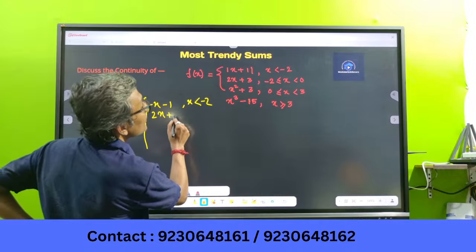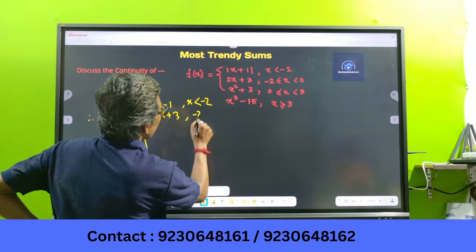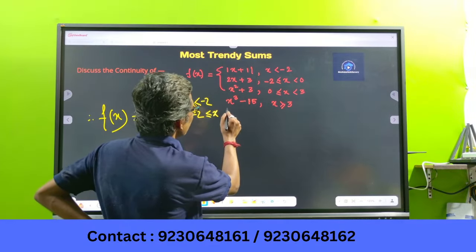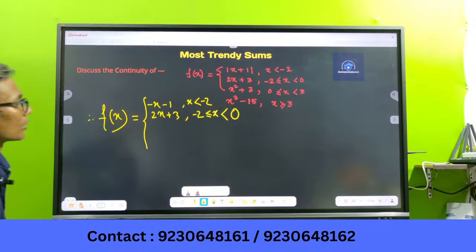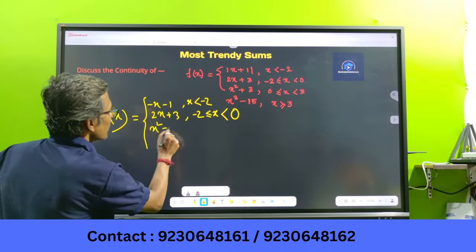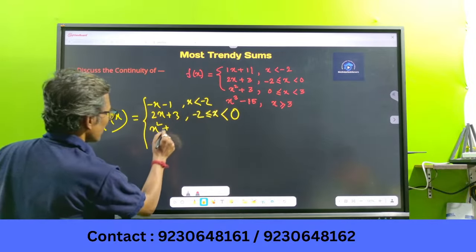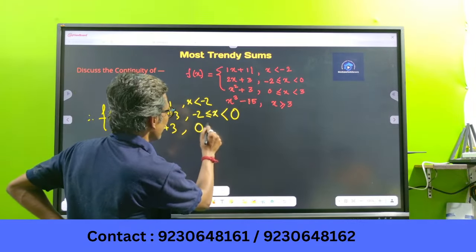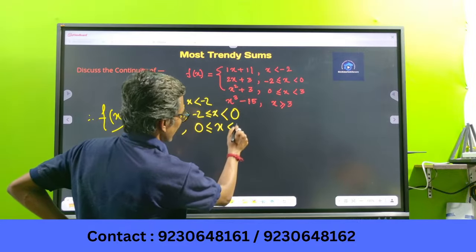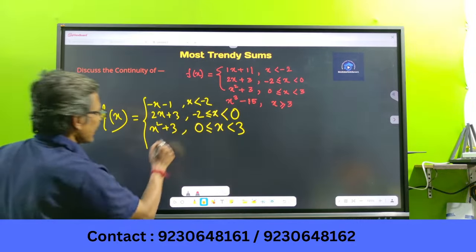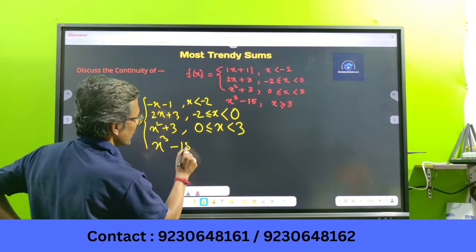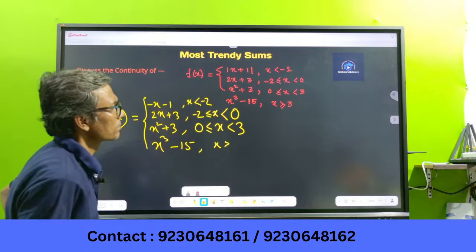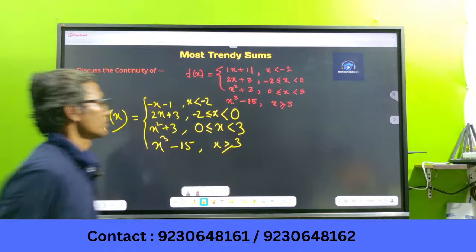The function is: minus x minus 1 for x less than minus 2, 2x plus 3 for x greater than or equal to minus 2 and less than 0, x square plus 3 for x greater than or equal to 0 and less than 3, and x cube minus 15 for x greater than 3.